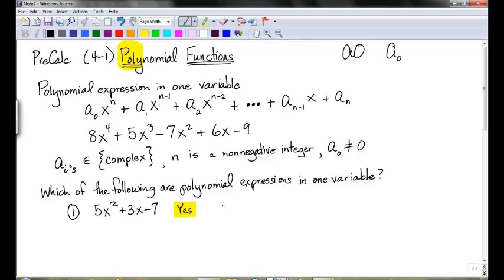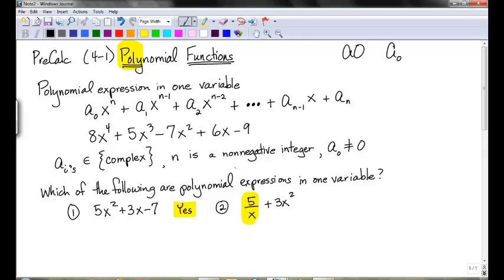Okay, another example. 5 divided by x, 5 over x, plus 3x squared. Okay. What throws this one off?